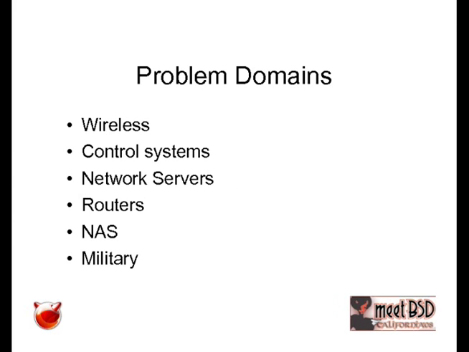So the areas that FreeBSD works well in. FreeBSD has a very good wireless stack, thanks to Sam Leffler. There are a number of companies that are using FreeBSD for their wireless access points or have embedded FreeBSD's wireless 802.11 stack into their operating system. A number of control systems are running FreeBSD. These are things that measure flows in pipes.